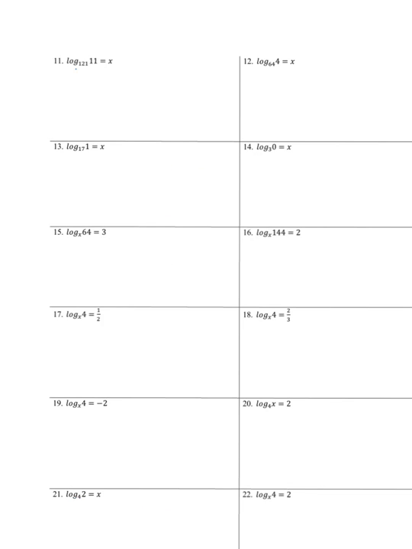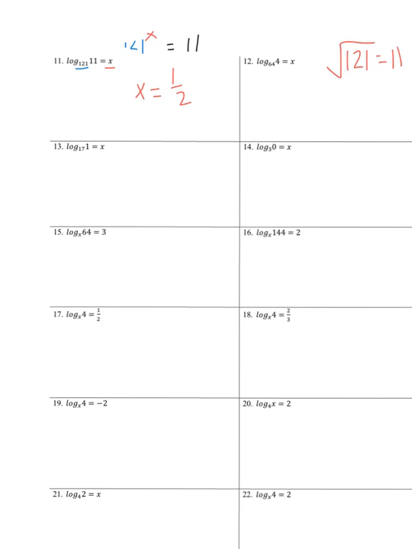Number 11, our base is 121. Exponent is x. And that equals 11. So in this case, x is going to equal 1/2. We know that because the square root of 121 is equal to 11.